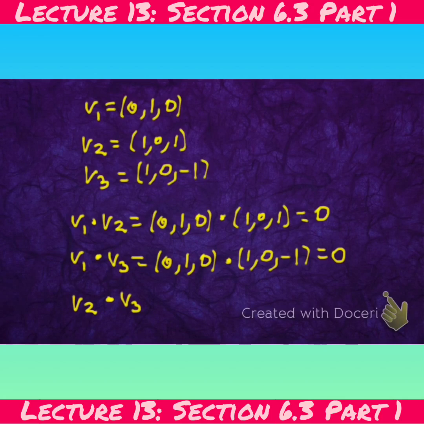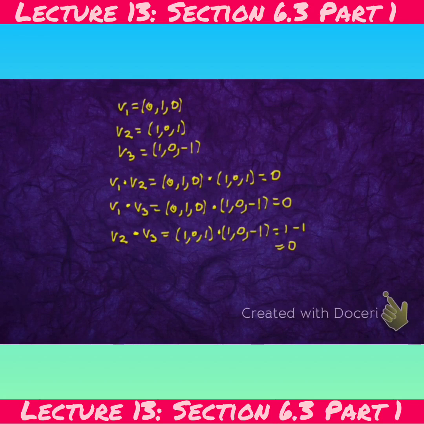That is the dot product of this vector here with that vector, and taking the dot product there, we again see that it is 0. So the conclusion we can make from this is that S is orthogonal.